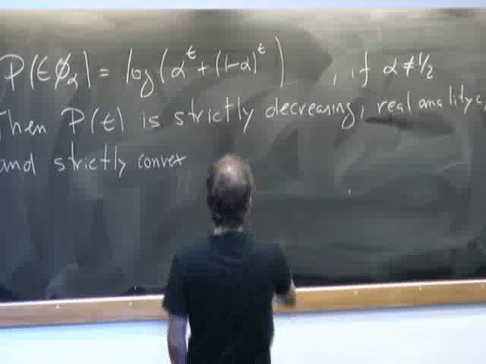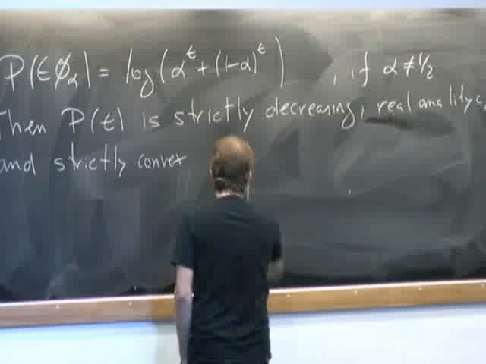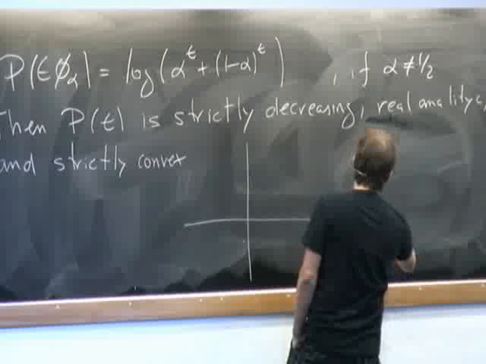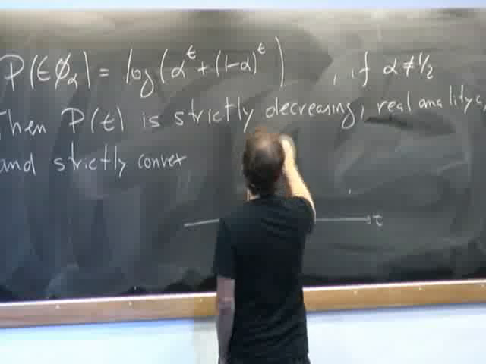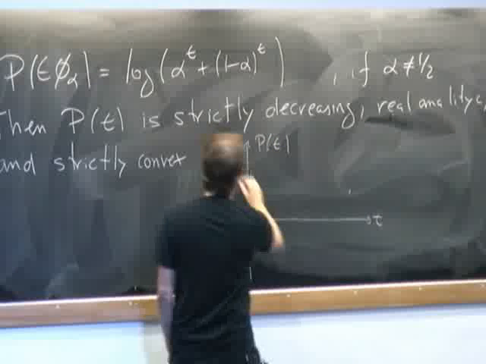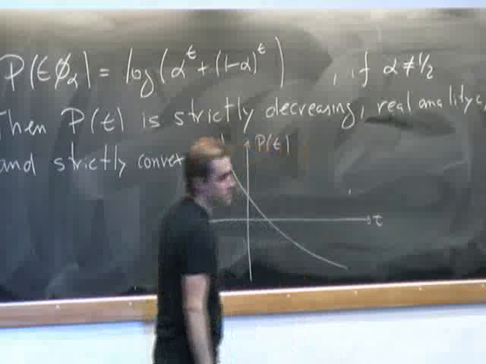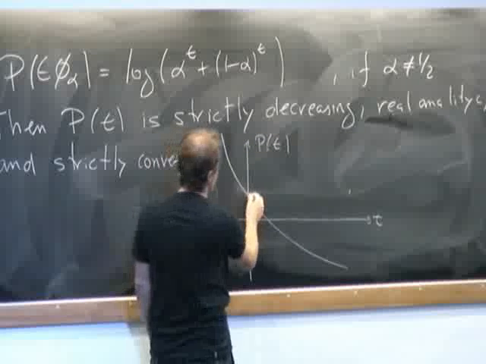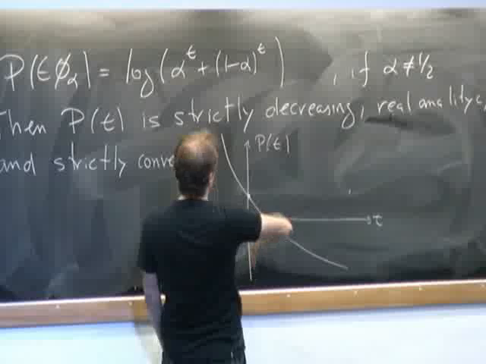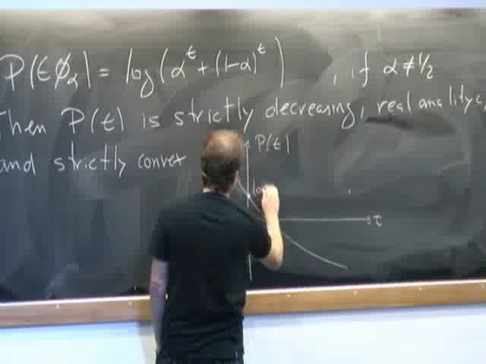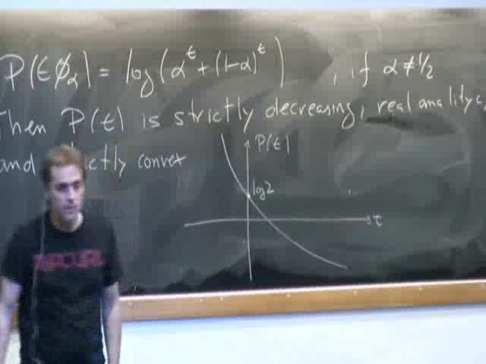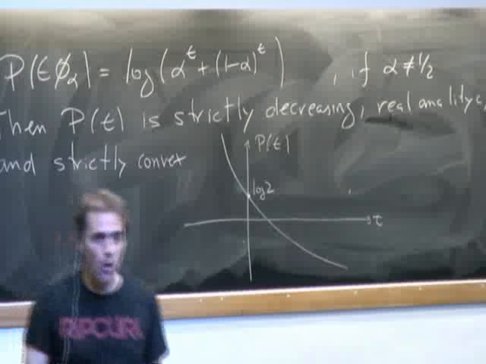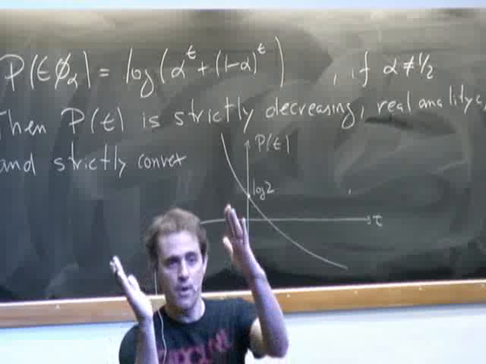So let's do a picture of this. You have t, you have P_t here, and this is a curve that looks like this. It passes here through the y axis in log 2, which turns out to be the topological entropy of a map with 2 full branches.